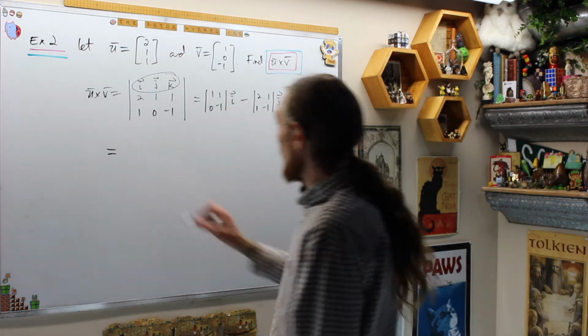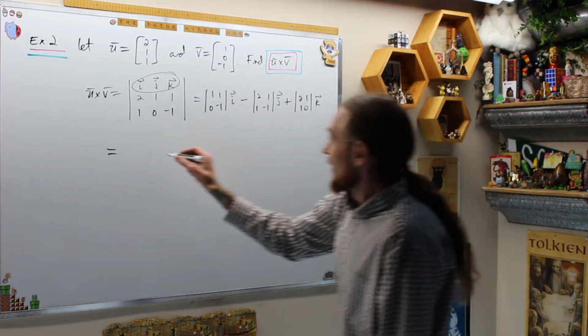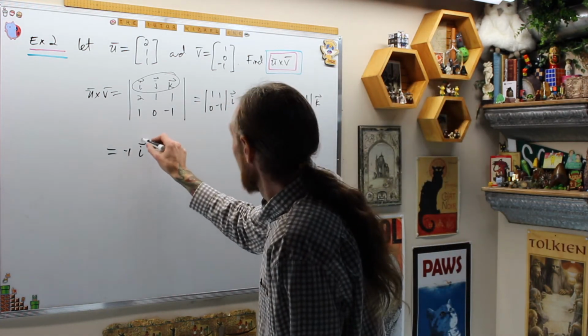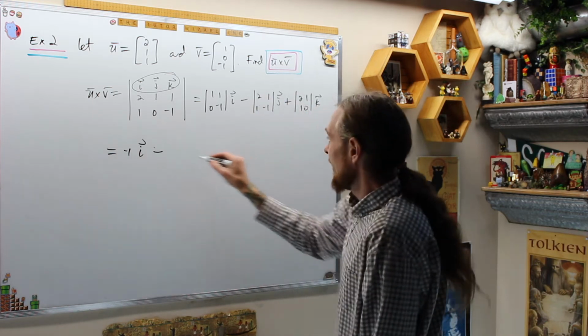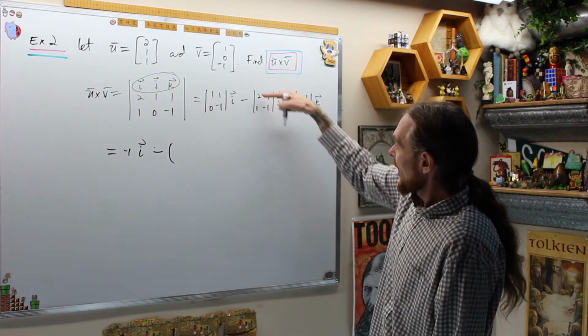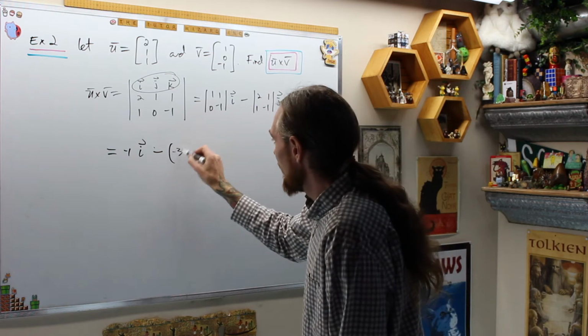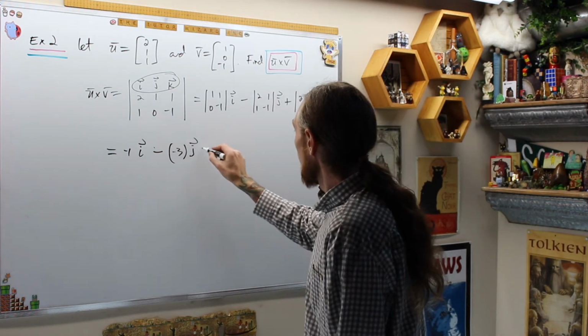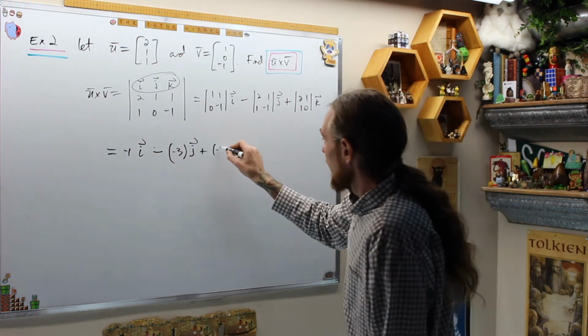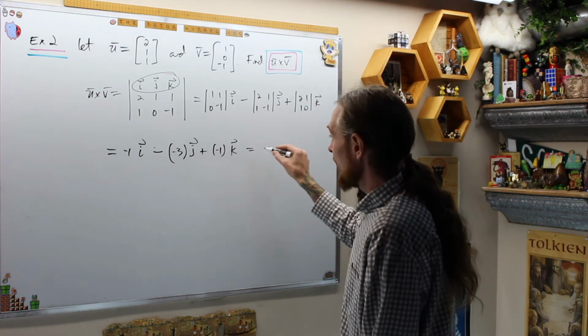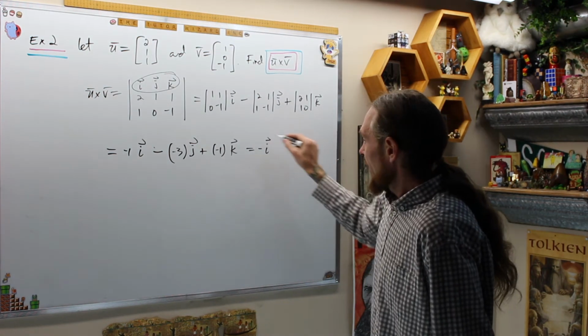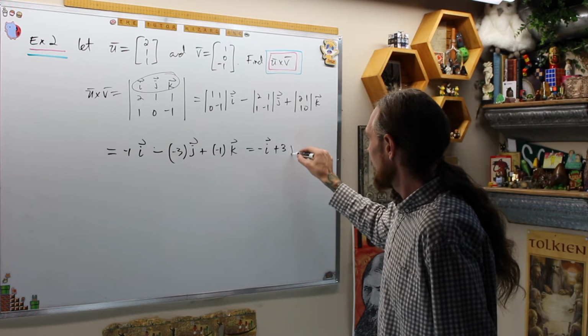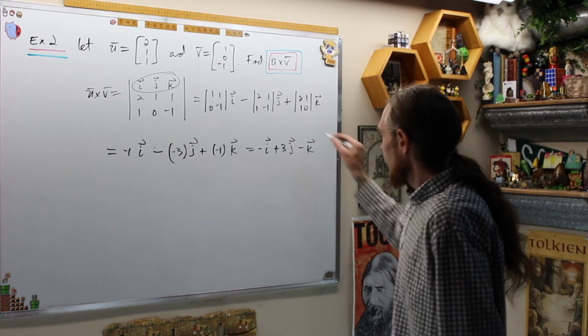This is going to equal, what do I get? I get negative 1i minus, let's be careful, negative 2 minus 1 is negative 3j, and then plus negative 1k, which is negative i plus 3j minus k.